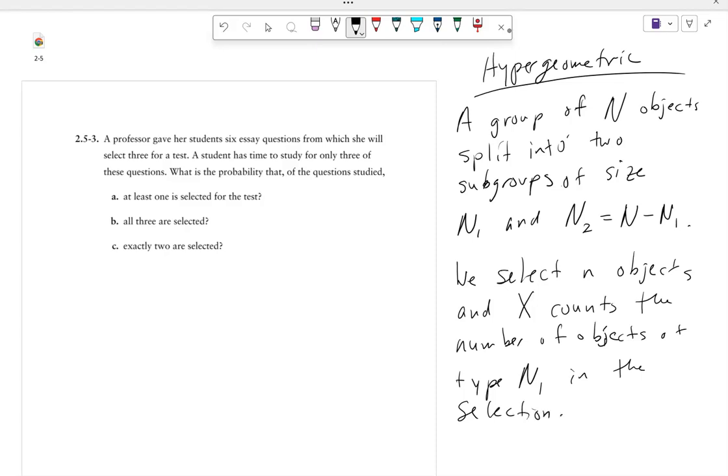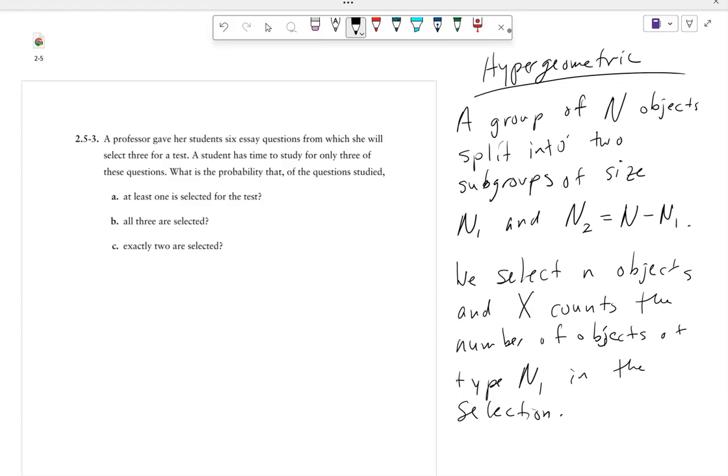Okay, so notice when I say I'm going to select n objects, I didn't say it explicitly, but we're going to do this without replacement. So if I've got 100 students, and say 20 of them are athletes and 80 of them are not, and I select 5, I'm just going to pull 5 students and count the number of athletes in that group of 5. That's what we need.